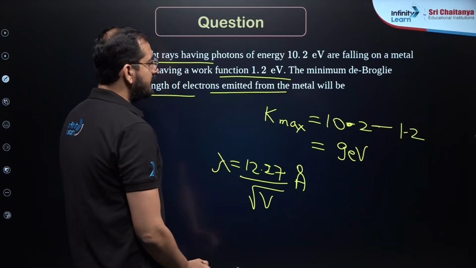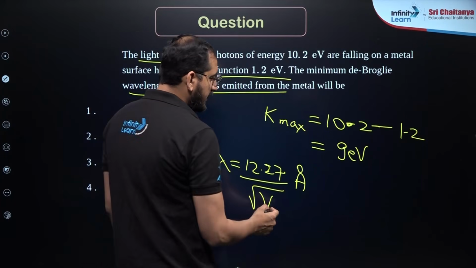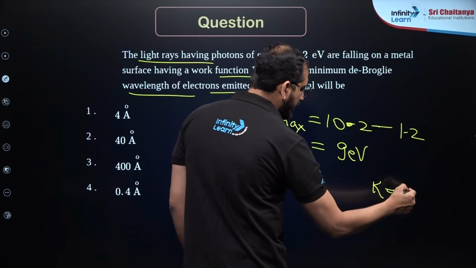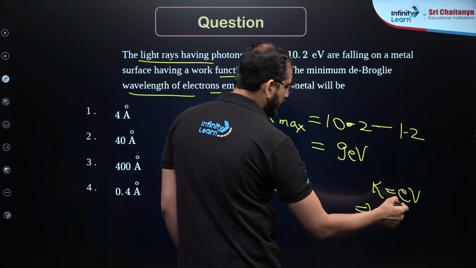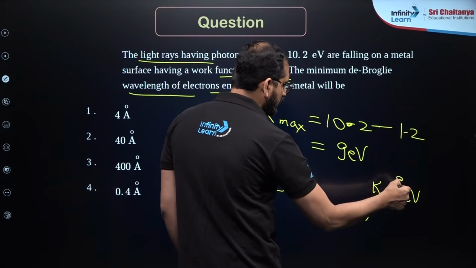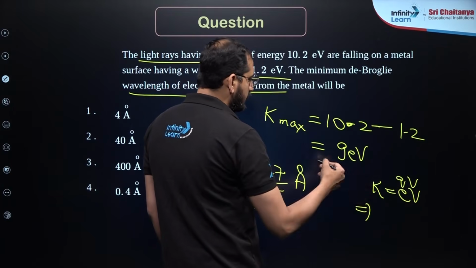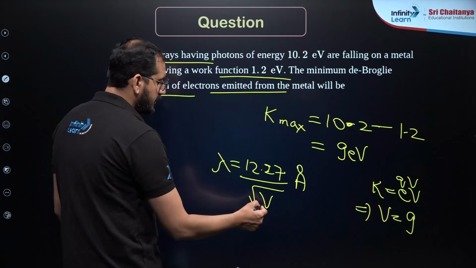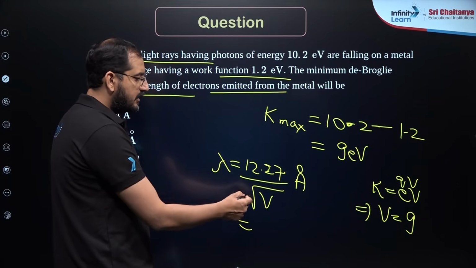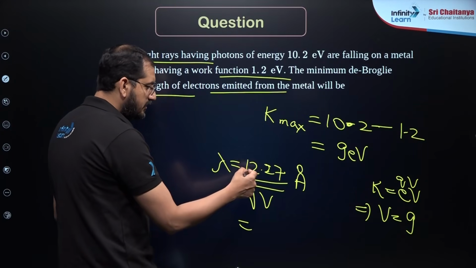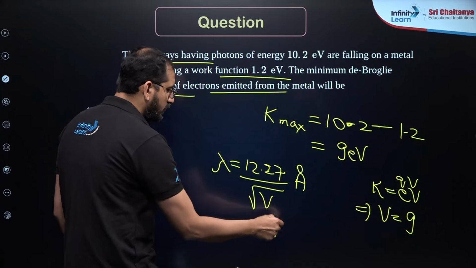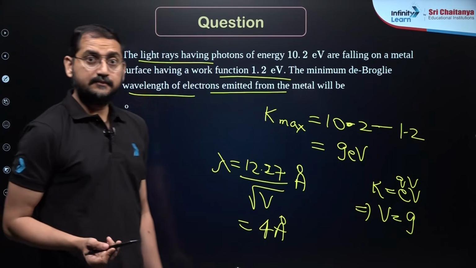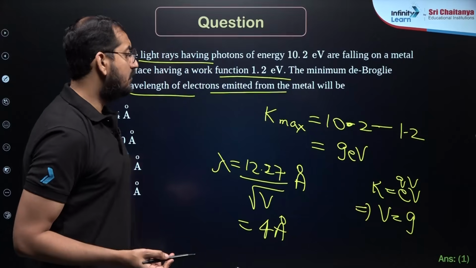This V is voltage, so we know that kinetic energy can be written as E into V, which is nothing but Q multiplied by V. So from here we will get V as 9. Put V equal to 9 over here. Root 9 is nothing but 3. So 12.27 by 3, something around 4 angstrom should be your answer. Option 1. Clear? Let's go ahead to our next question.